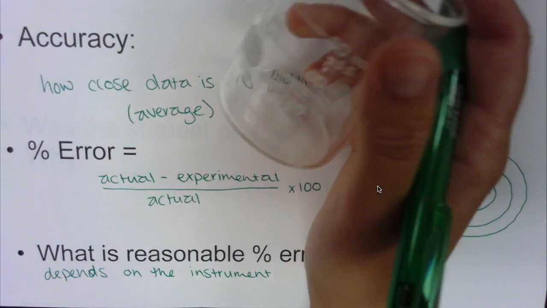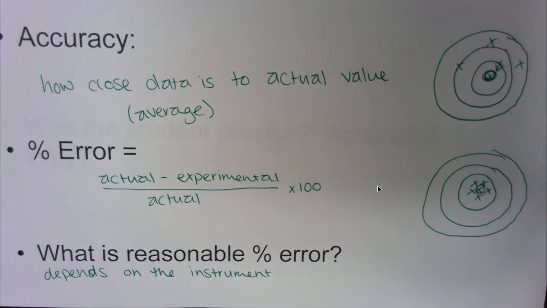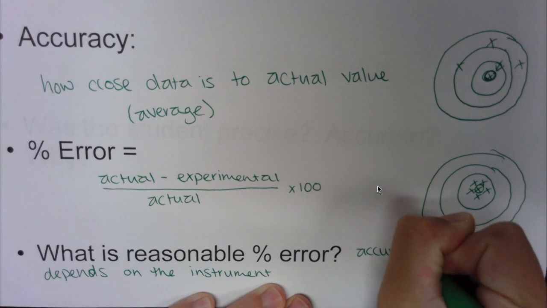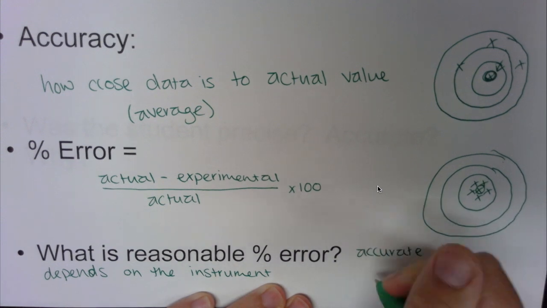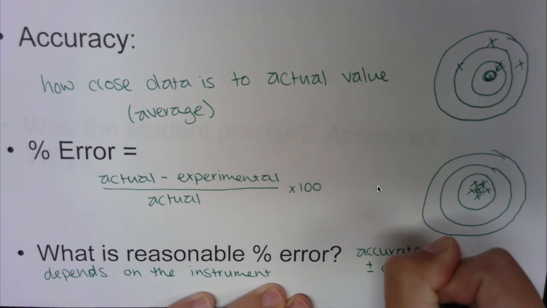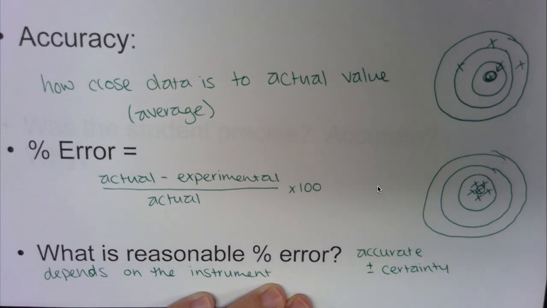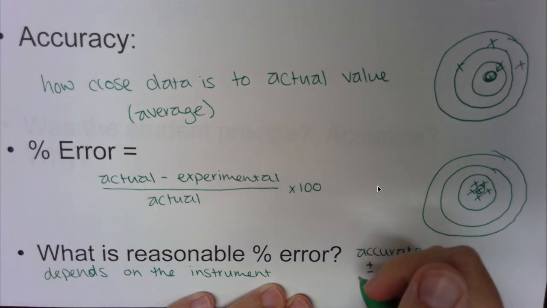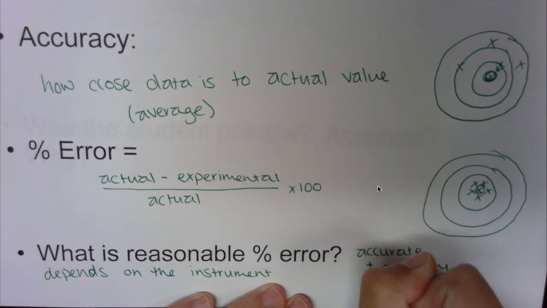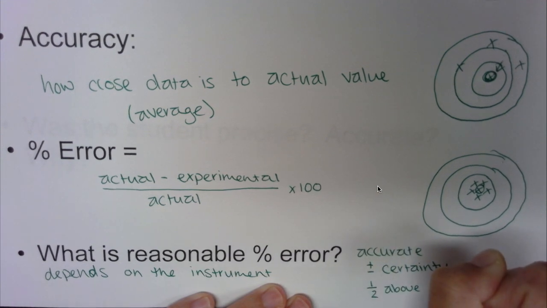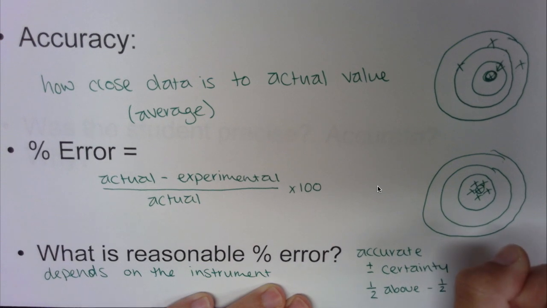So when we're talking about this, for something to be accurate, it must be within the range of plus or minus the certainty, so the last known measurement value. That means half of that certainty above and half of that certainty below.